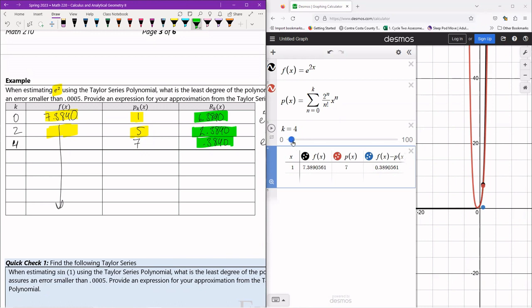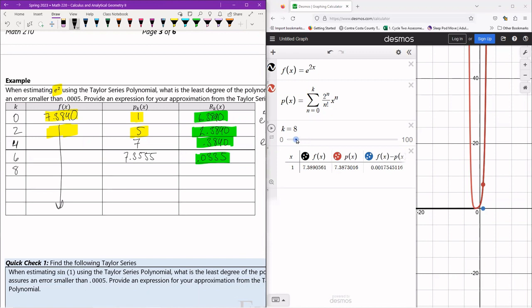I'm going to take this to 6. My pk of x is 7.3555. The difference between the two is 0.0335. You guys hopefully see it's gotten smaller. Let's go to 8.